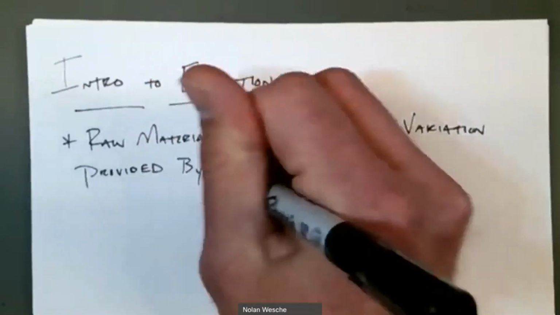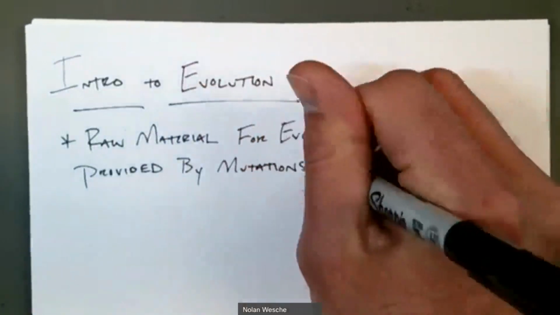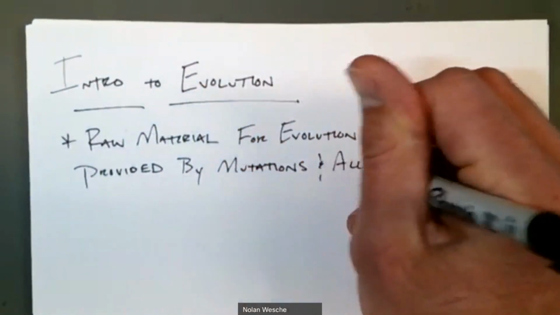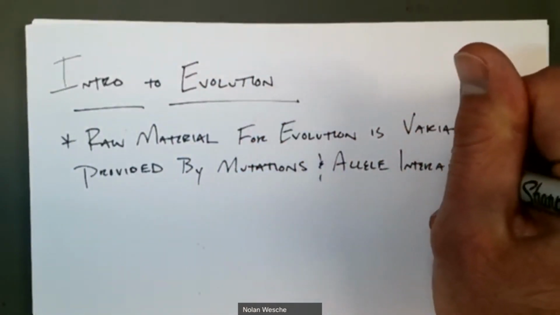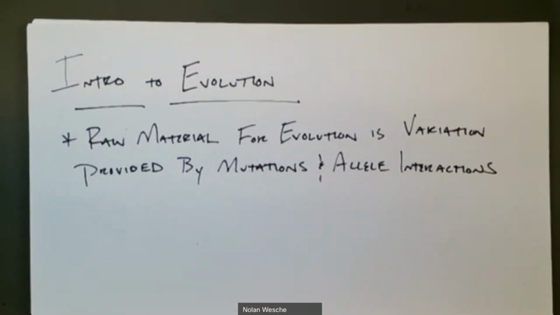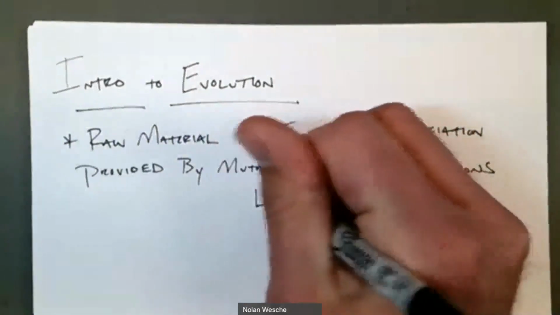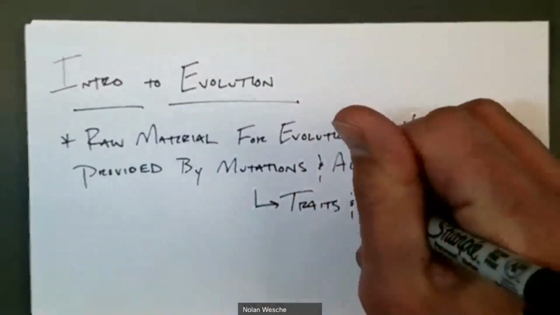So that would be mutations and these allele interactions. Dominance, recessiveness, codominance, and complete dominance, multiple alleles, all of these things that give us the traits and this variety.